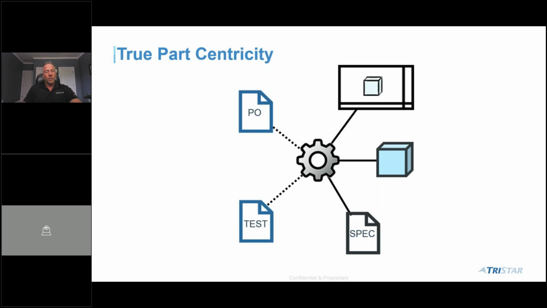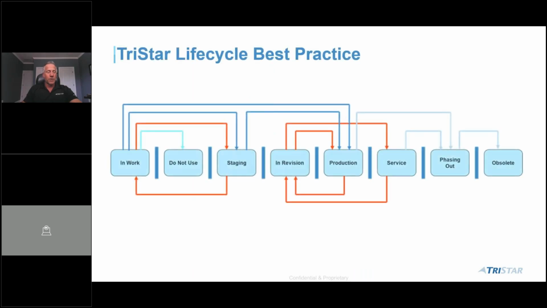As you're moving there, one of the key things to help communicate to the rest of the organization is your life cycle states. These are so important. We can't emphasize it enough, and making sure that everybody in the organization is aligned on what these states mean. What you're looking at today is what we consider best practice life cycle states.